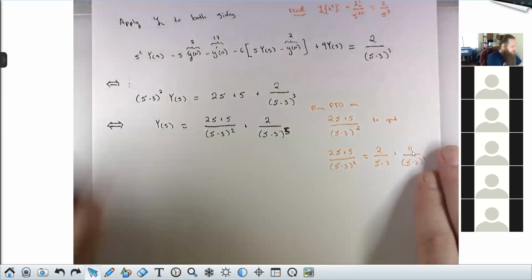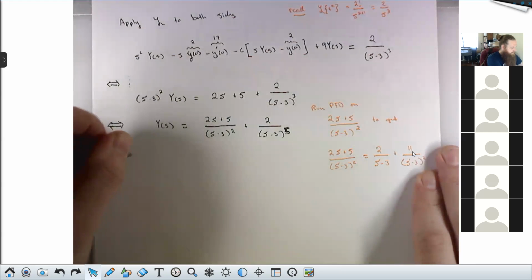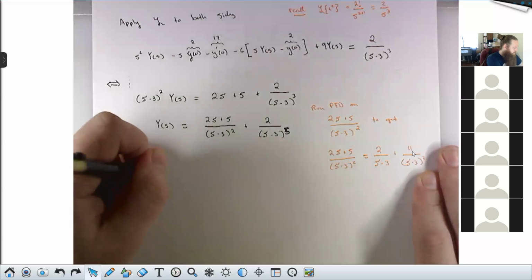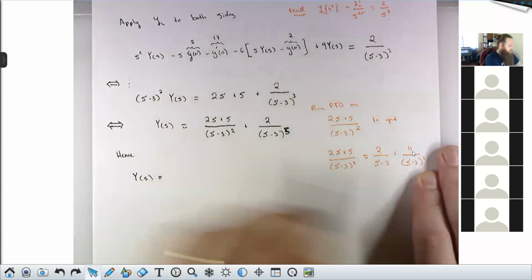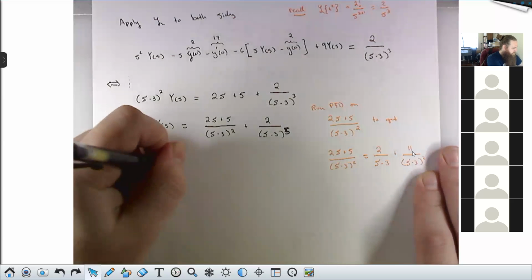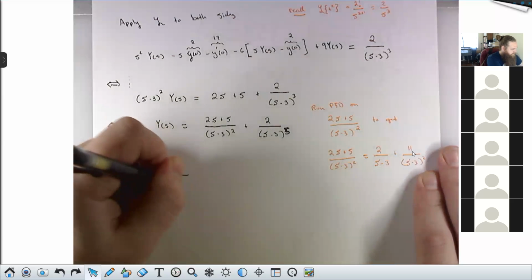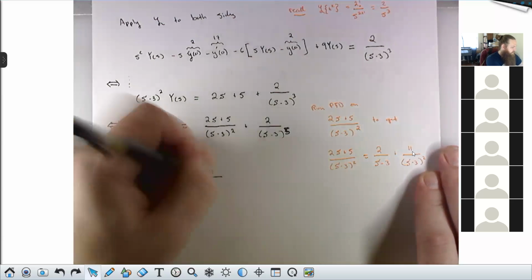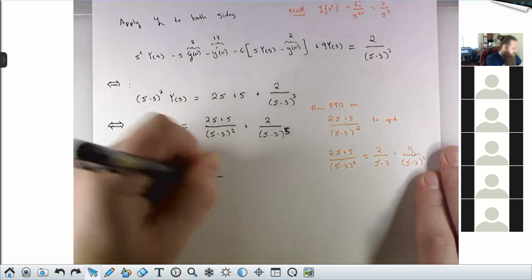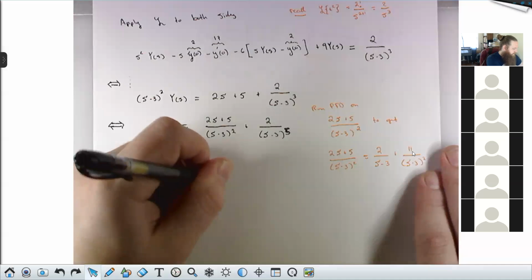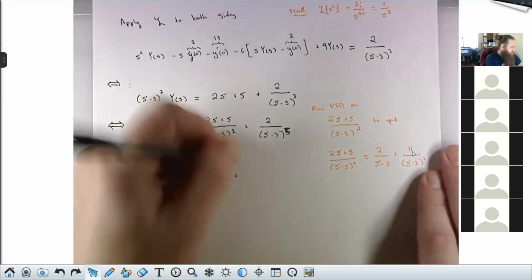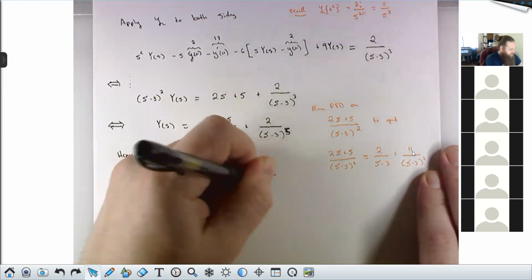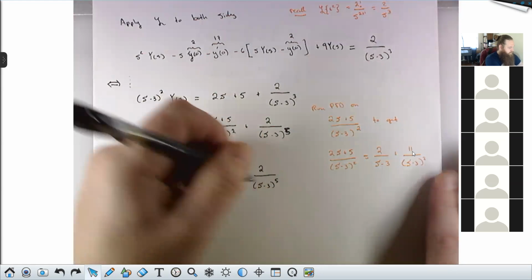That means my Y(s) is equal to these two, which now just have constants upstairs, so I can find the inverse Laplace transform of those easily, plus this guy, 2/(s - 3)^5.